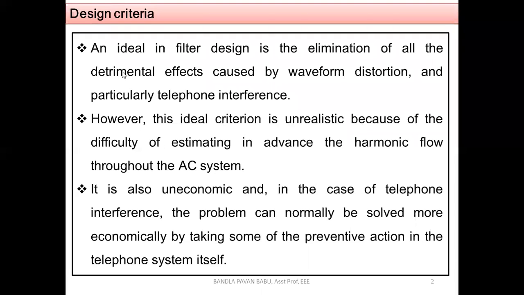An ideal in filter design is the elimination of all the detrimental effects caused by waveform distortion, and particularly telephone interference. In case of the HVDC, we are particularly focused on the telephone interference. So what do we mean by telephone interference? Because of these power lines, signals are generated which interfere with the communication lines.